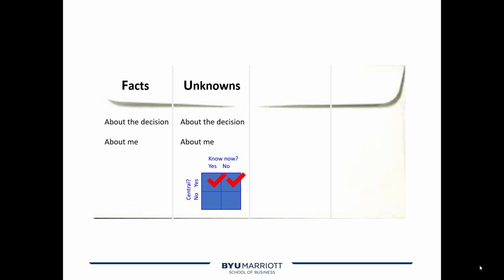Now, the real trick is getting rid of what Covey calls quadrant 3, things that we really would like to know but aren't central. So we really would like to know, for example, how many ethnic restaurants there are in the town in which we live, but is that central to our sense of meaning?